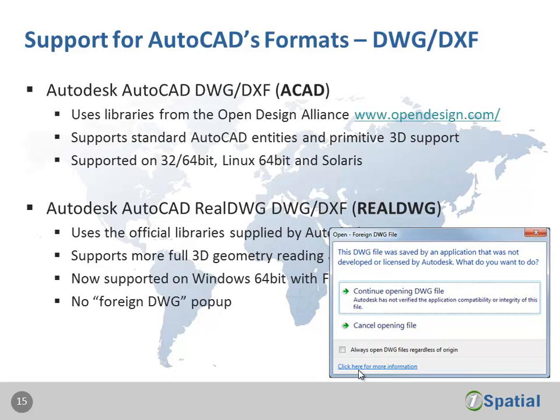AutoCAD likes to check that the drawing file, the DXF that it's opening, is from an official source. And if you create drawing files using the standard DWG DXF reader and writer, then this pop-up will appear, and sometimes recipients of the data may not proceed if they aren't sure what has created that data.